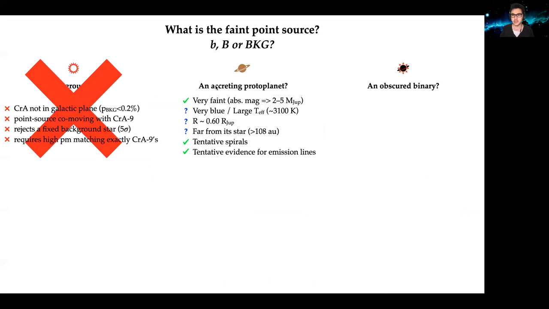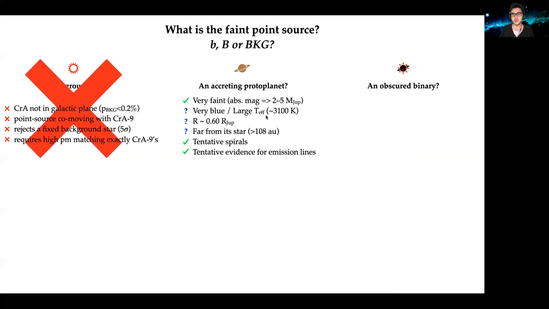Well, it is very faint with respect to an M0 star. Actually, the near-infrared absolute magnitudes are consistent with what you'd expect for a 2 to 5 Jupiter mass planet based on hot start formation models.